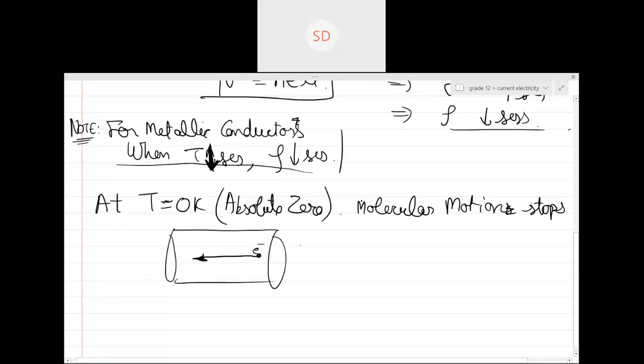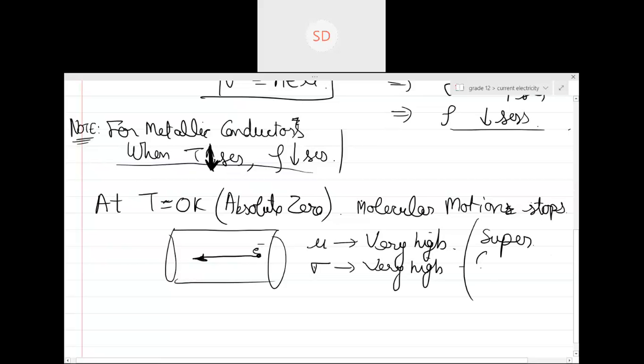If this happens, then mobility becomes very high. If mobility becomes very high, the conductivity becomes very high. If the conductivity becomes very high, then this type of material is called a superconductor. So any metal, if you decrease its temperature to absolute zero, will start behaving as a superconductor.